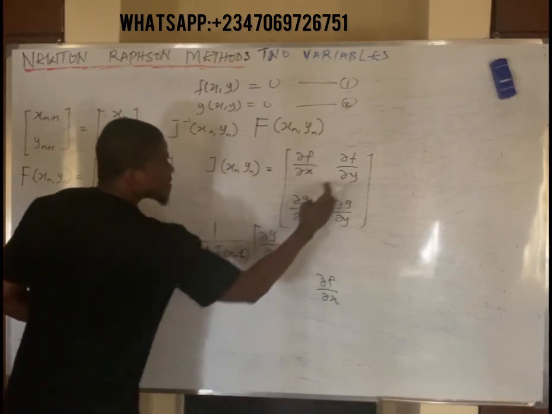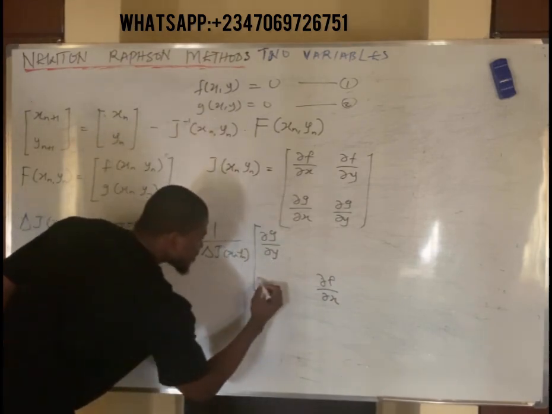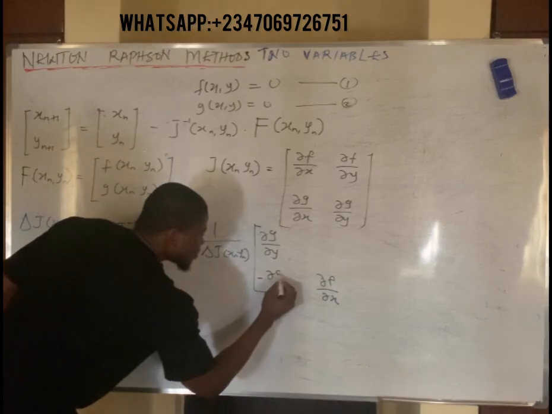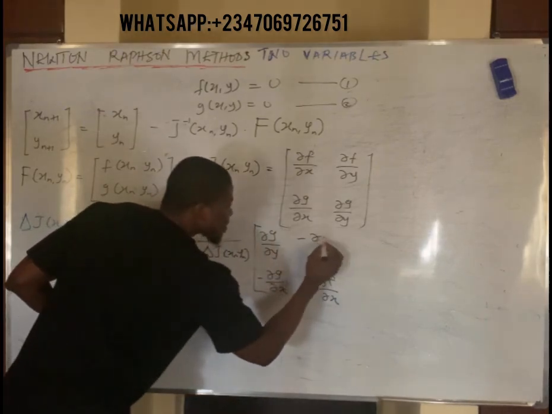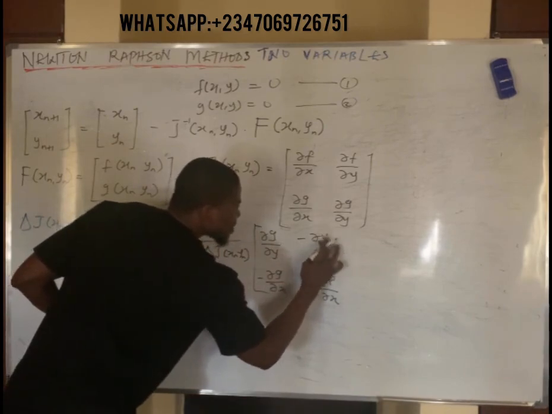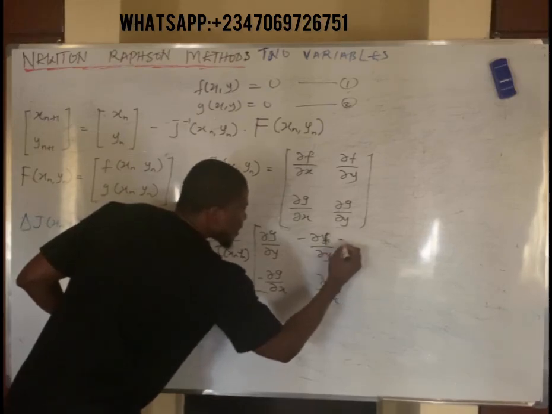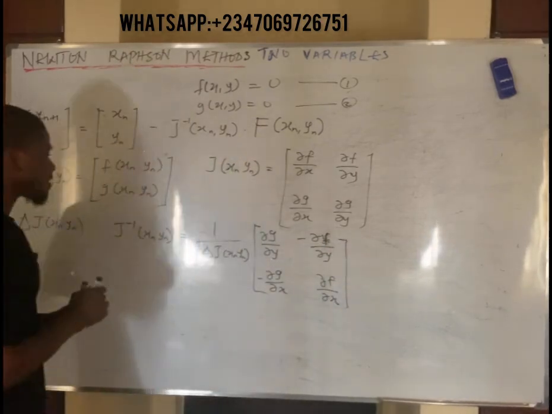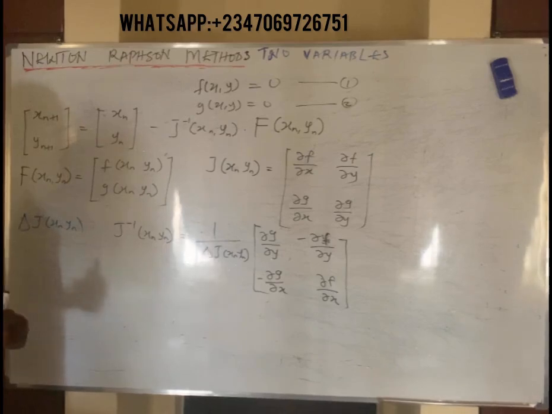Then you negate the minor diagonals. So I'll simply have negative partial g over partial x, and negative partial f over partial y, and you have this. Now, these two products simply give us the Jacobian inverse of that given function.